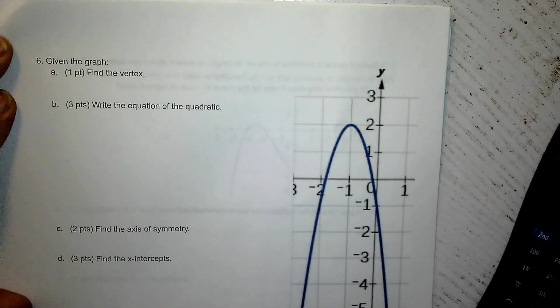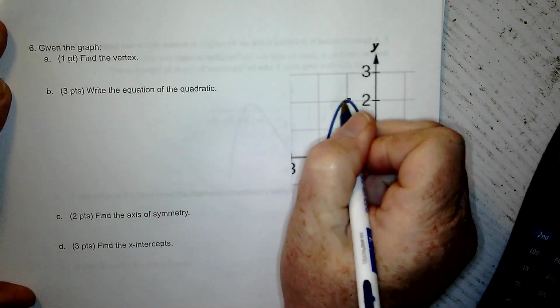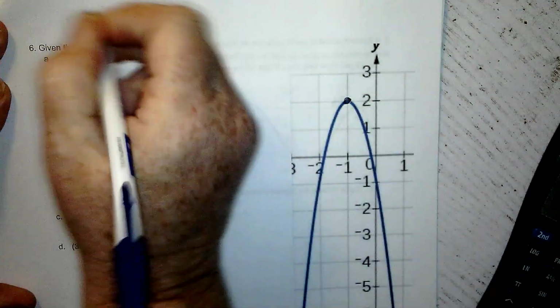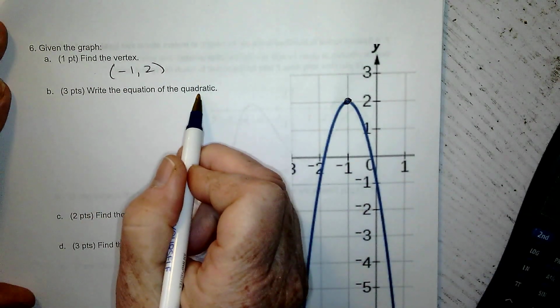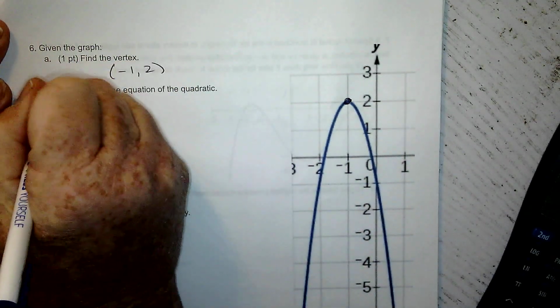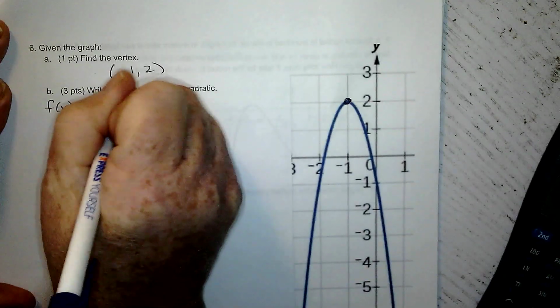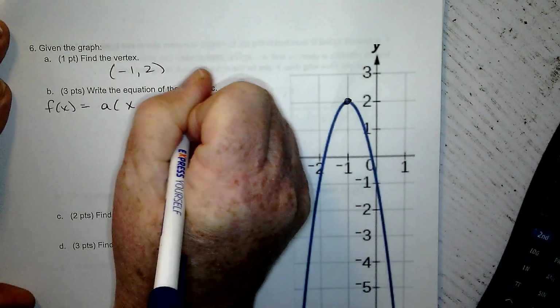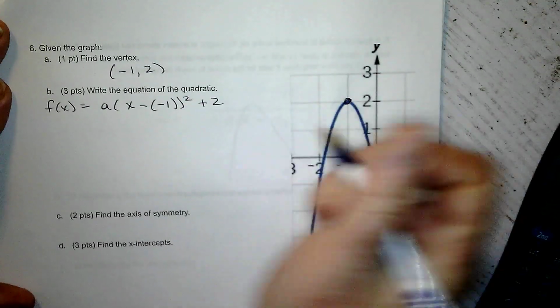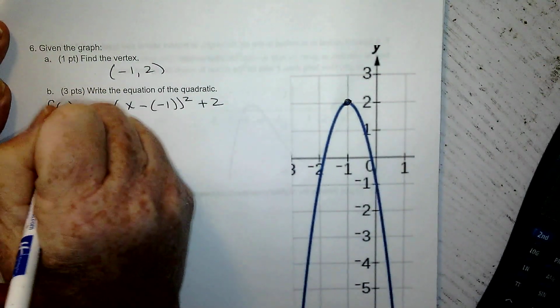All right, find the vertex. Well, right there, which is (negative 1, 2). Write the equation of the quadratic. All right, so f of x is equal to a(x minus h) squared plus k, so x minus negative 1, squared plus 2.